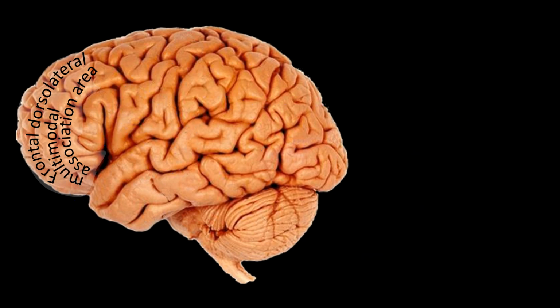In addition to these cortical connections, the frontal dorsolateral association cortex has indirect but very significant connection with the cerebellum. The pathway to the cerebellum involves the inferior olive, but perhaps the most important subcortical connection of the frontal dorsolateral association area is the thalamus.